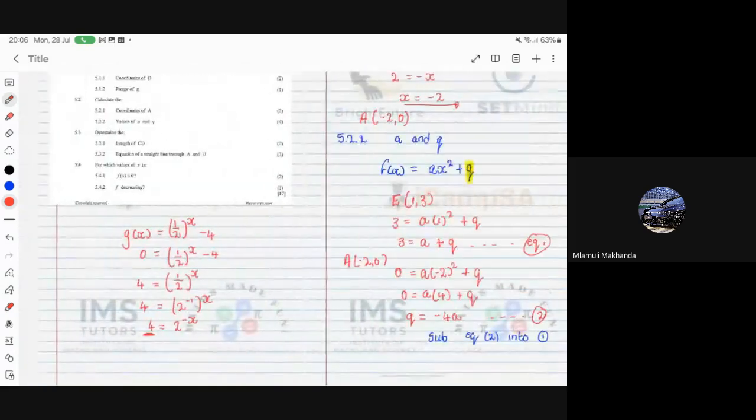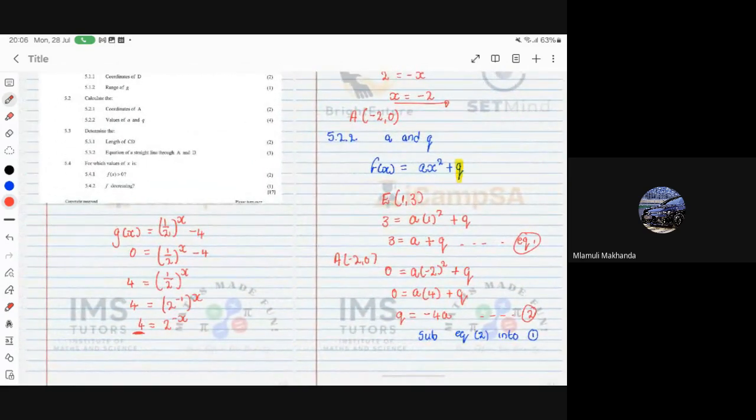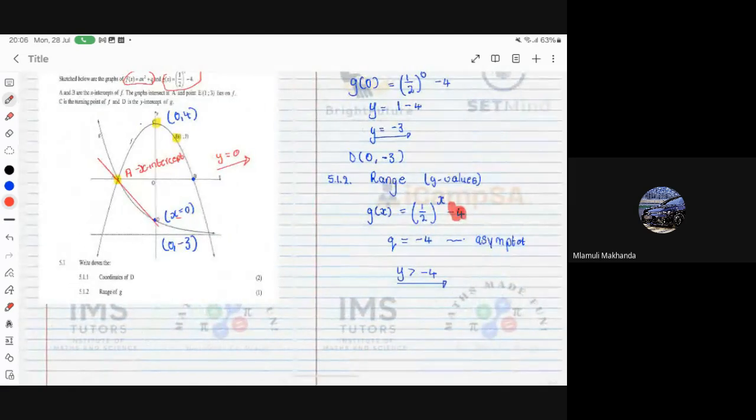Okay, next. For which values of x is f of x greater than 0? Is f of x greater than 0? Let's come back to our graph. It's this parabola.